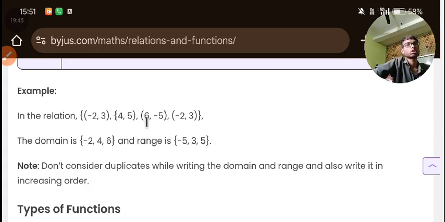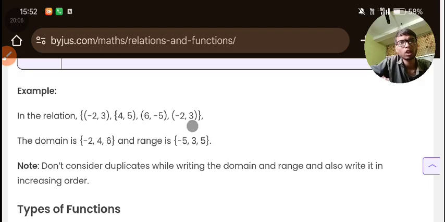This is a Cartesian product of a set. The domain is -2, 4, 6, and the range is -5, 3, 5.